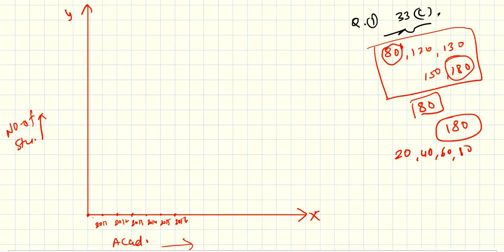So this one is 0. Now the first one is 20, then next is 40, then this is 60, then this one is 80, then 100, 120, 140, 160, 180.